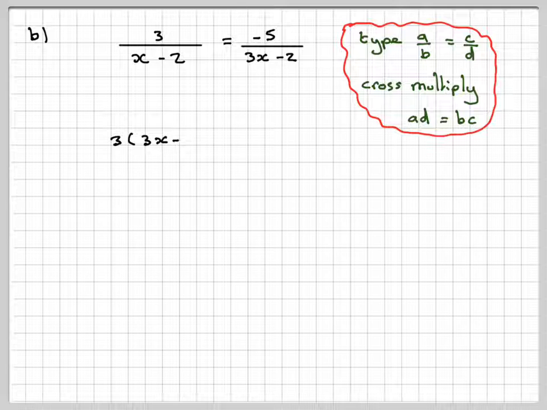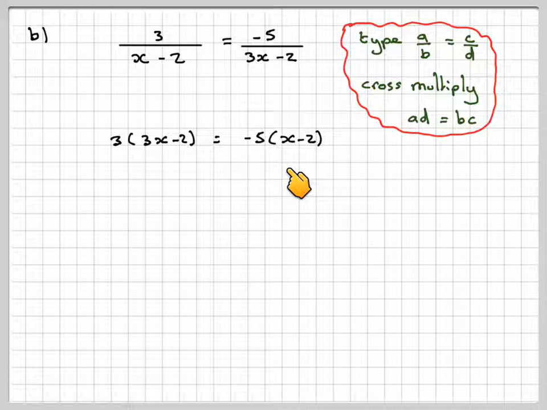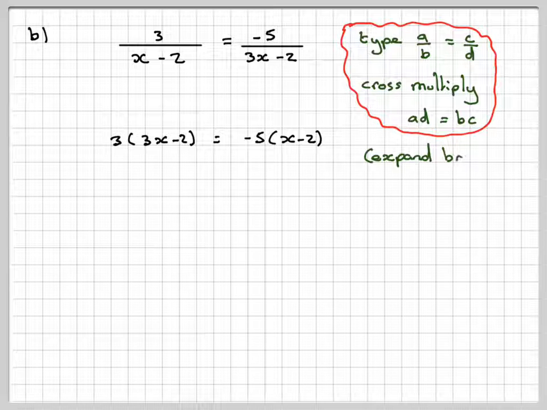So cross multiplying, you've got 3 times 3x minus 2 is equal to minus 5 times x minus 2. So what I've done, I've taken that up here and this up here, and in doing that we remove the denominators, and therefore it's an equation which we're now more familiar with. We now need to expand the brackets.